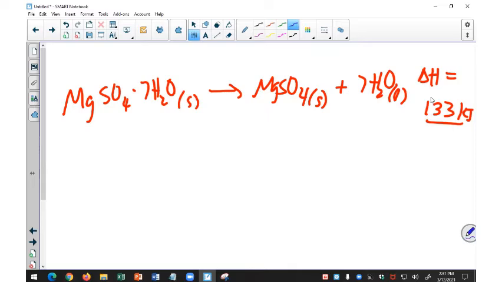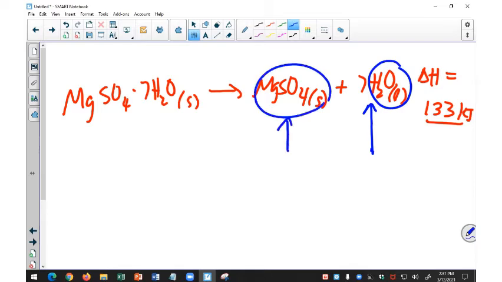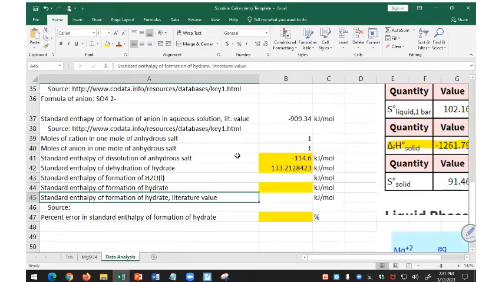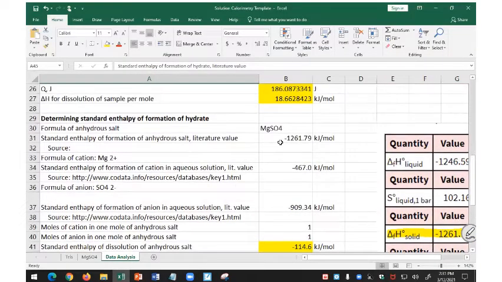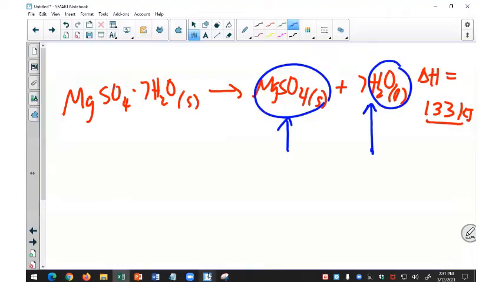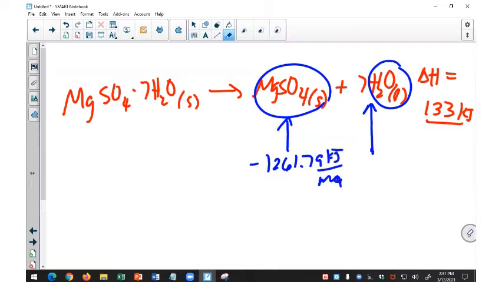Now, I can look this up, right? Delta H formation of liquid water, we did that last time when we did the bomb calorimetry. We actually looked this up already. Magnesium sulfate is how much? Negative 1261.79, right? Kilojoules per mole. And what's the value for water? Let's look it up from WebBook.